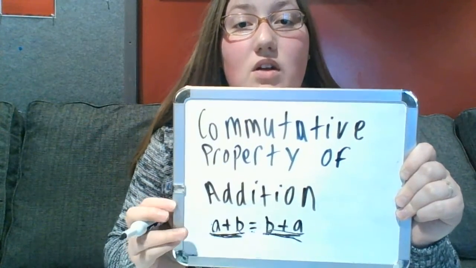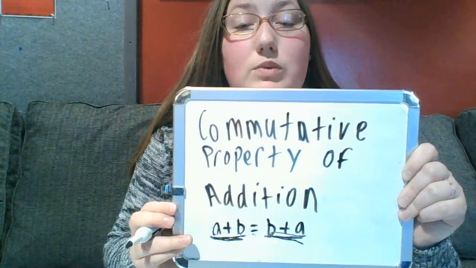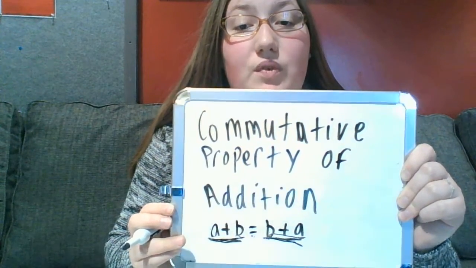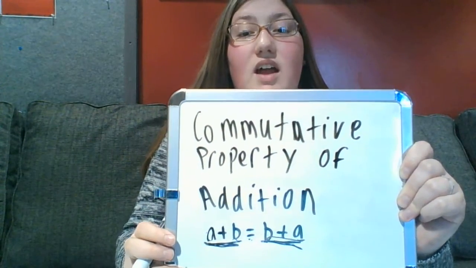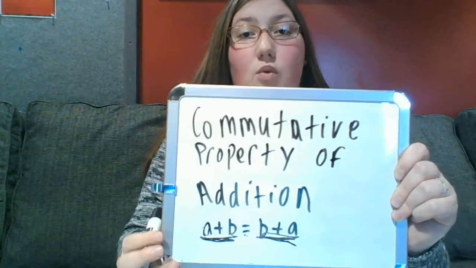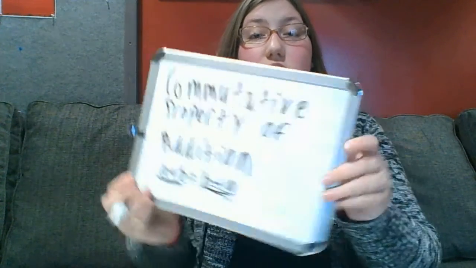So now that we've gone over that, I'm going to write some example problems for you guys on this board and see if we can walk through them together and help you guys better understand that a little. So the first example that we're going to go over today is 4 plus 3.